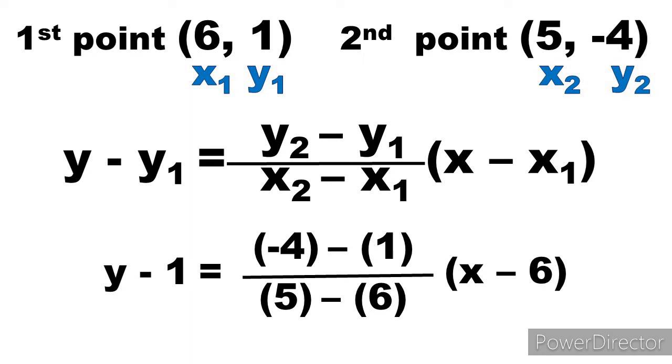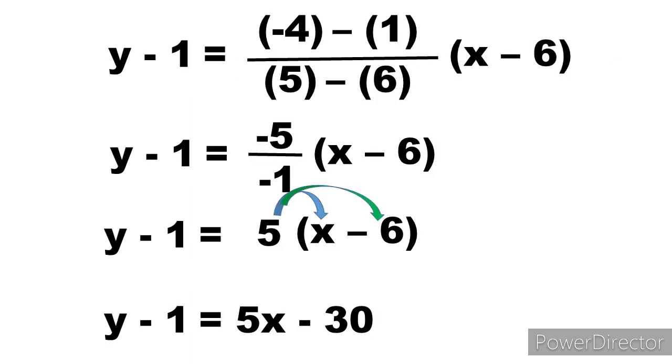So, ang x sub 2 natin ay 5. And then, minus, ang x sub 1 natin is 6. So, therefore, we have negative 4 minus 1 all over 5 minus 6. And then we have the quantity of x minus x sub 1. Again, our x sub 1 is 6.